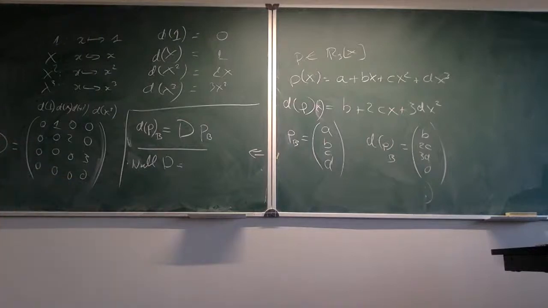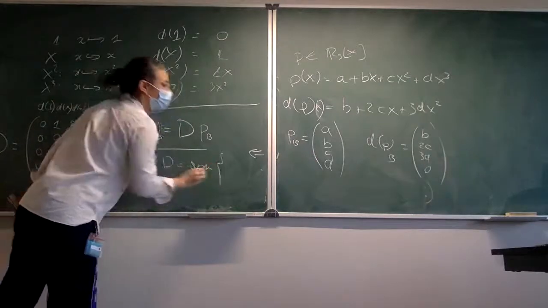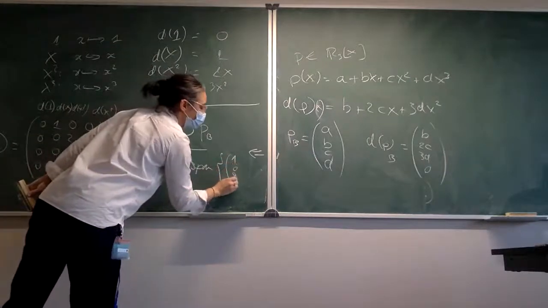What else do I get? I want to solve this matrix times (a, b, c, d) equal to 0. What do I get? B is equal to 0, C is equal to 0, D is equal to 0. The only one I don't have anything on is the first one. So the null space of this is going to be the span of (1, 0, 0, 0).